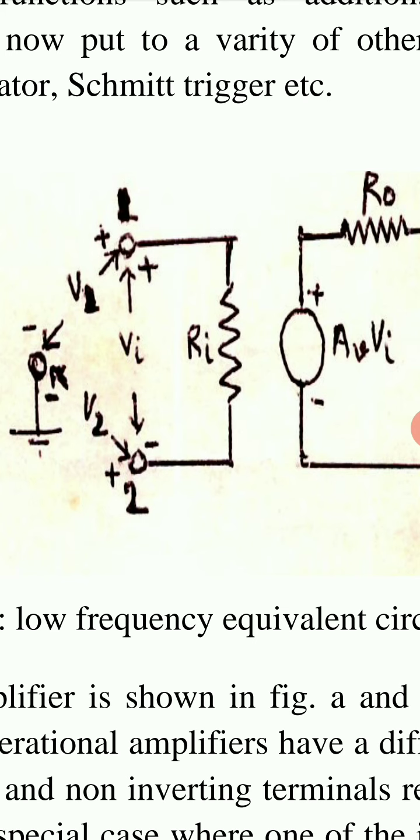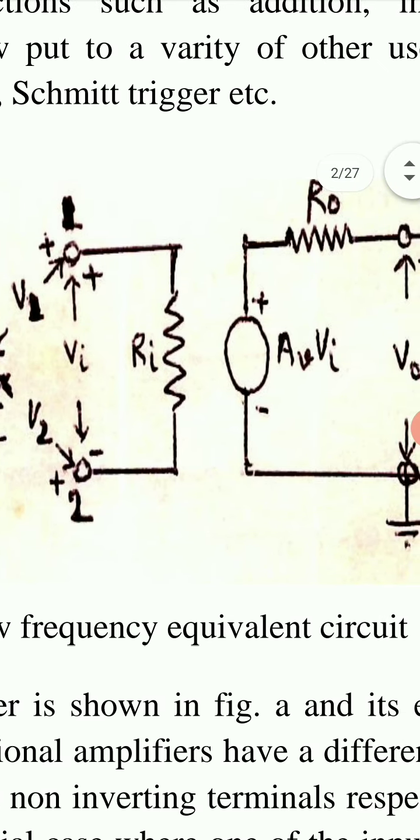Voltage V1 is applied between terminal 1 and ground, and voltage V2 is applied between terminal 2 and ground. Input voltage Vi is equal to V1 minus V2. Ri is input resistance.